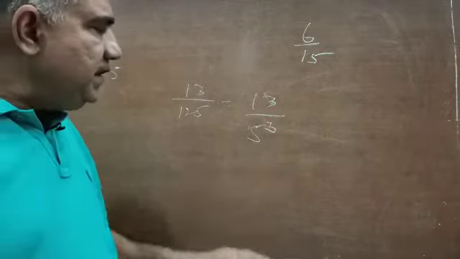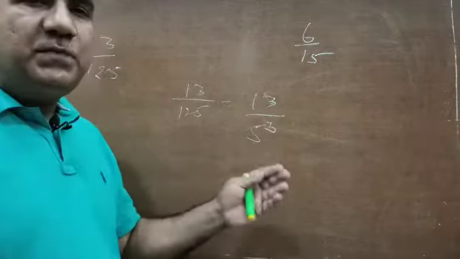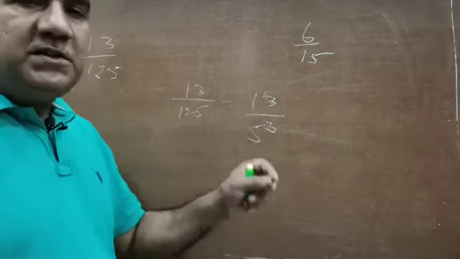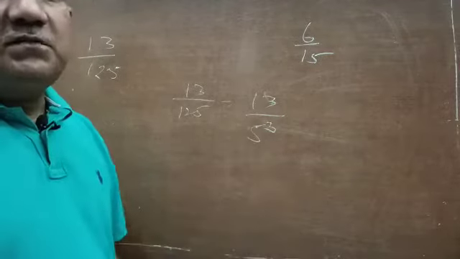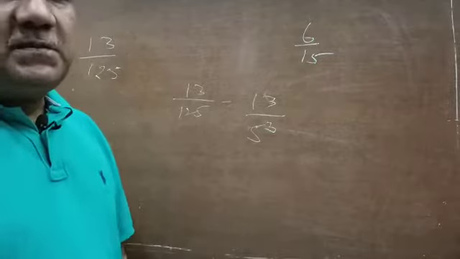So here the denominator contains 5 raised to power 3, so the decimal expansion must be terminating, and we will also find out what the decimal expansion is.